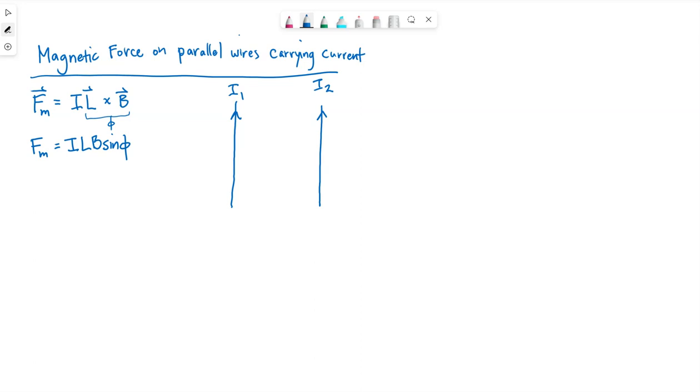Well, I know both wires individually will be creating a magnetic field. So for example, wire 1 creates a magnetic field that loops around it.